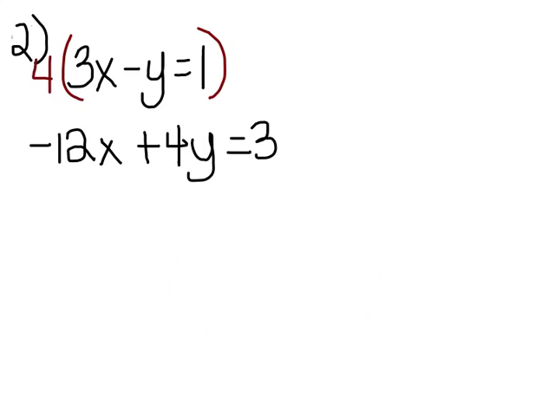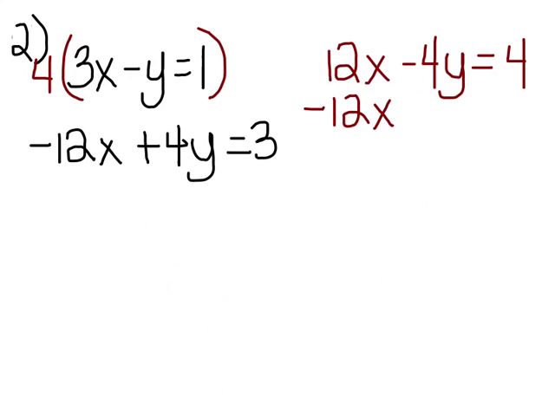So we're going to multiply our top equation by 4. If we do that, we would have 12x minus 4y equals 4. In the bottom equation, we would have a negative 12x, a positive 4y, and that equals 3. 12x and negative 12x crosses off.